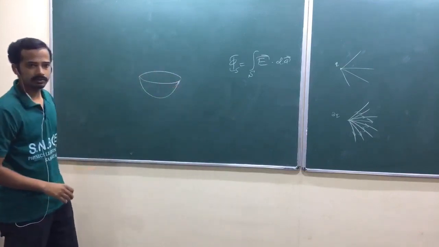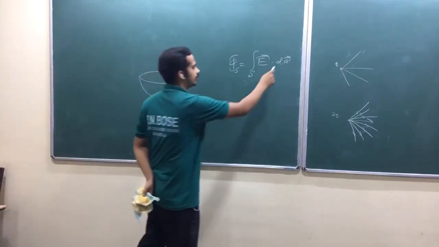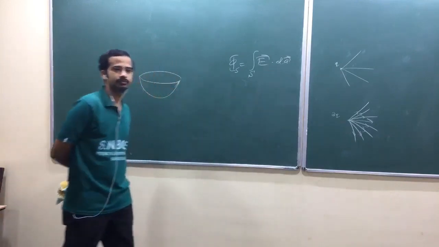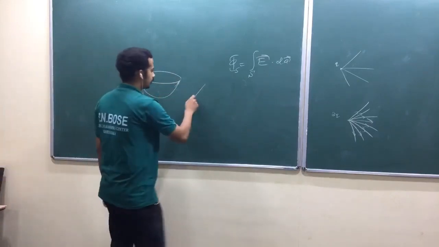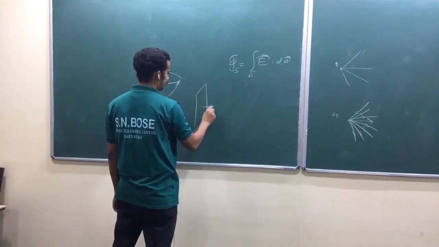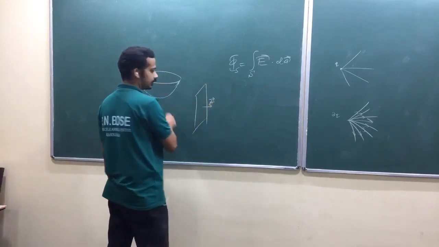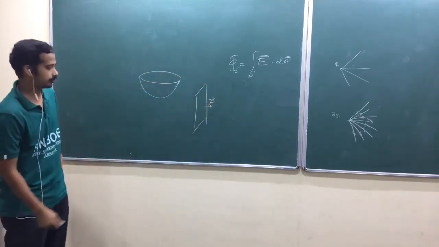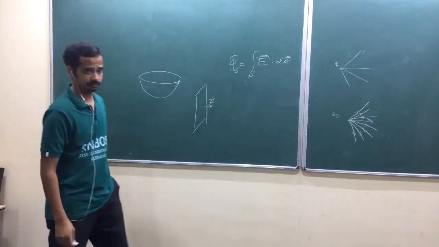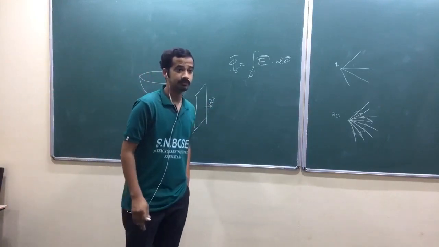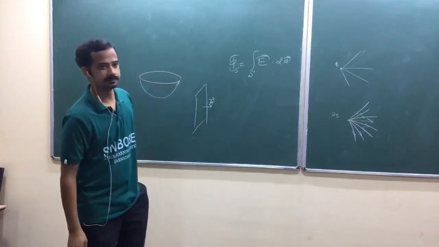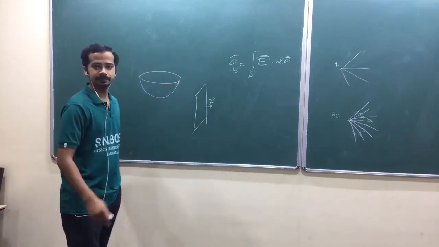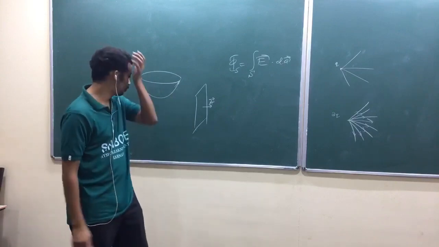Now, what is the direction of dA that you have to choose? For any surface, look here, you have a surface, so you've got two perpendicular directions. In which direction do you have to choose the area vector? Why? What is the logic to choose?